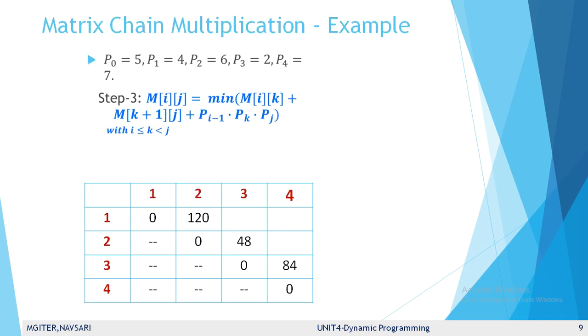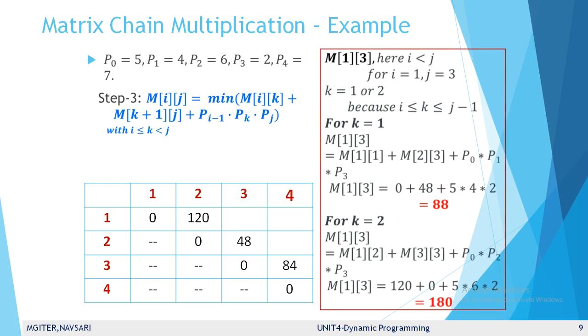Now whenever i is less than j, here we find M of 1 3. The value of i is equal to 1 and the value of j is equal to 3. So i becomes less than j. For that we find the minimum of M of i k plus M of k plus 1 j plus P of i minus 1 dot P of k dot P of j.